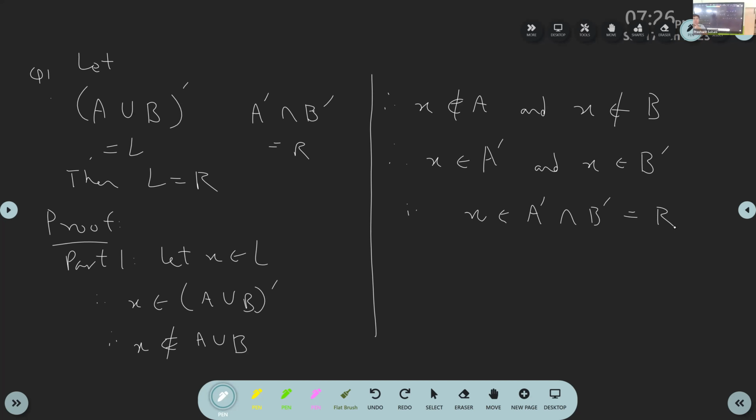We can represent the same idea using just A complement and B complement also. I think what you are saying may also be correct, but maybe you can simplify it. So can you write part two of this now?